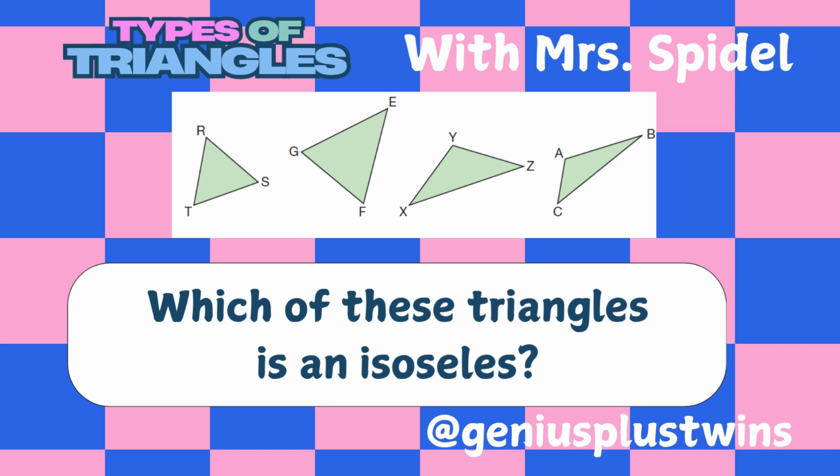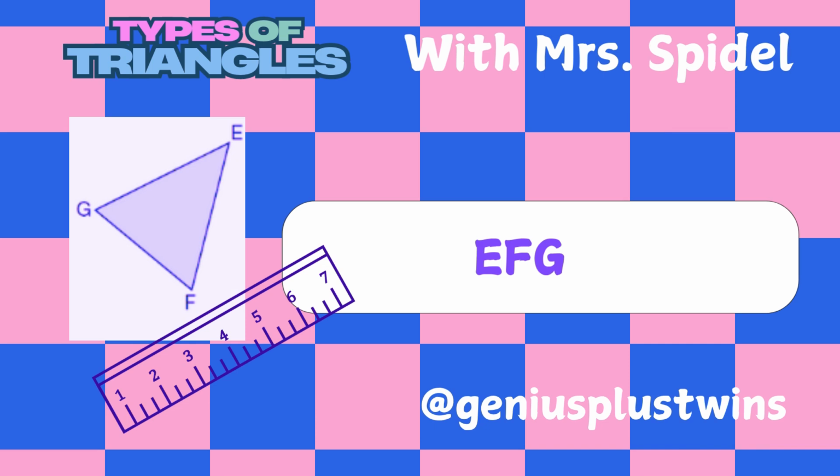Pause the video now if you need more time. Okay, if you thought that it was triangle EFG, way to go. That is the correct one. A ruler would help you confirm that it is in fact EFG that has 2 equal sides.